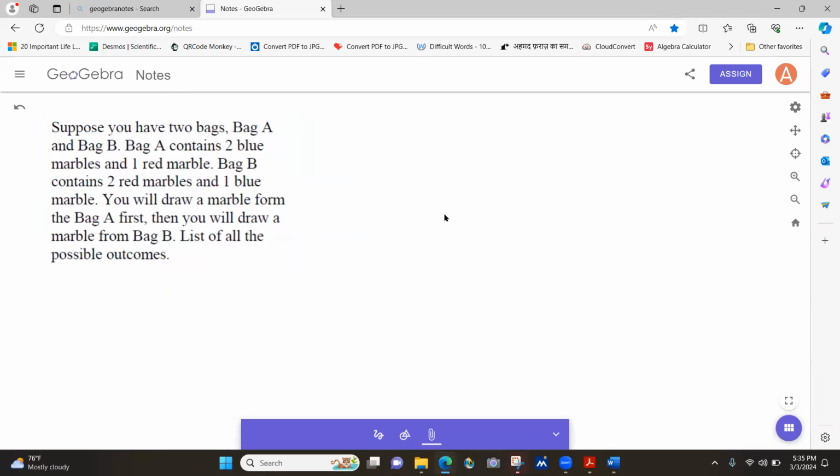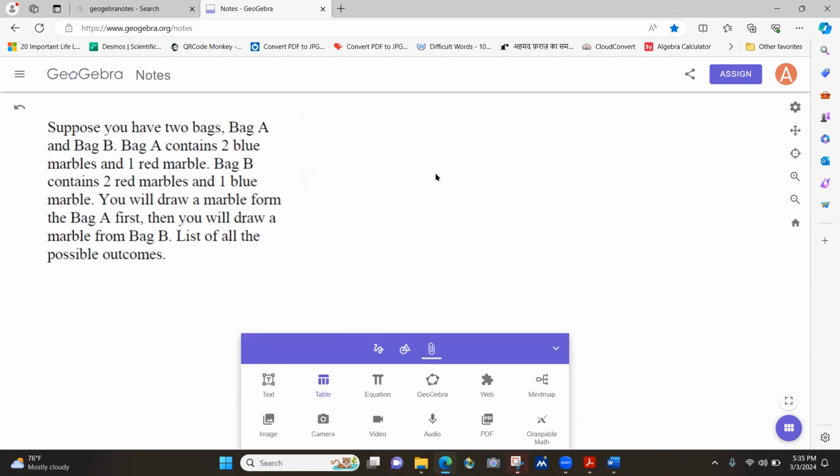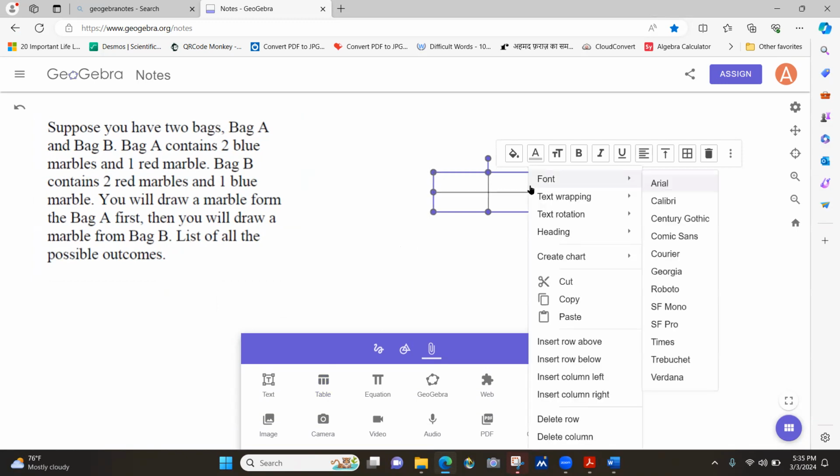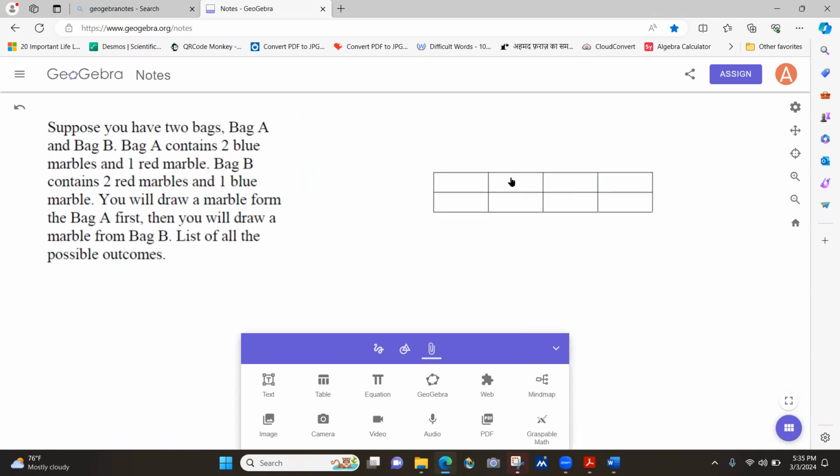Suppose you have two bags, bag A and bag B. Bag A contains two blue marbles and a red marble. So let me make a table. I'm going to do it by hand. It is in our notes. So the first one, I'm going to list it horizontally, a blue one. They're identical.